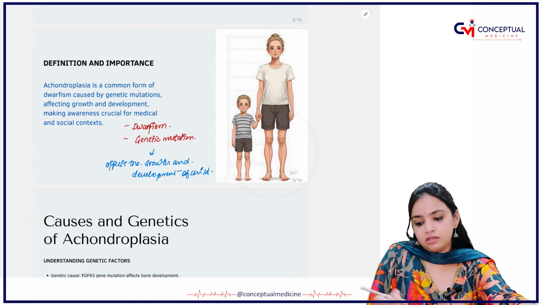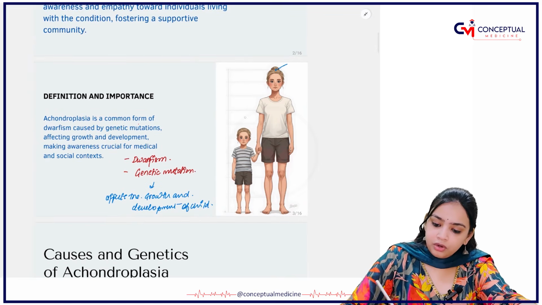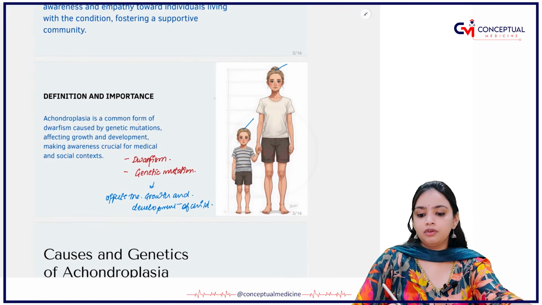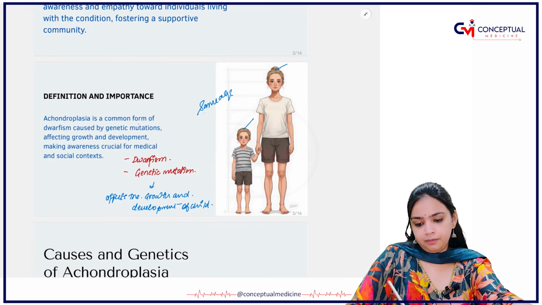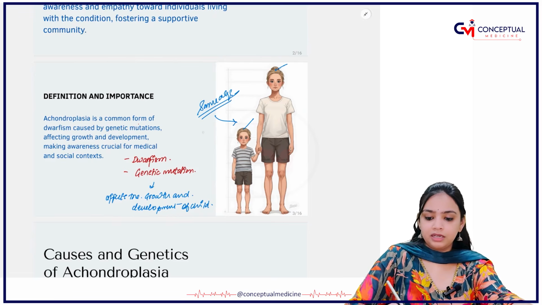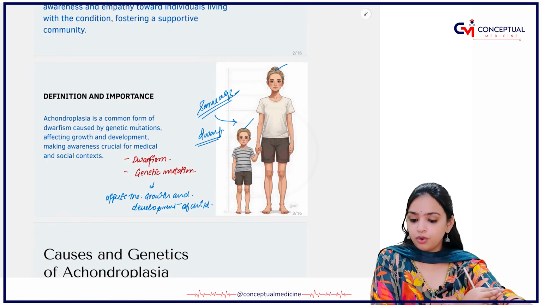It mainly affects the growth and development of the child. See, in this figure also you are able to appreciate they are of the same age, but one person is dwarf as compared to the other person.